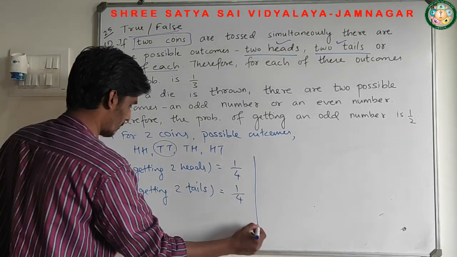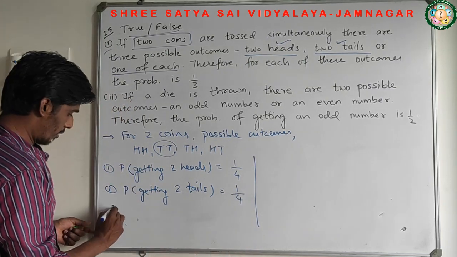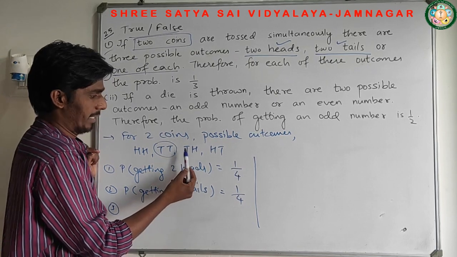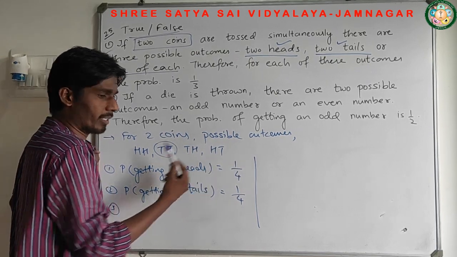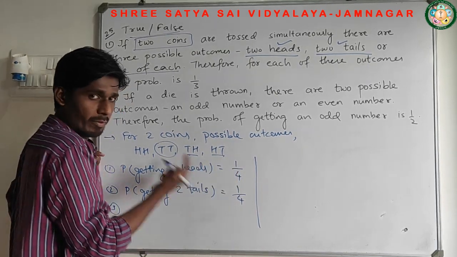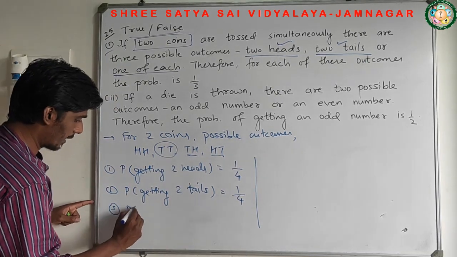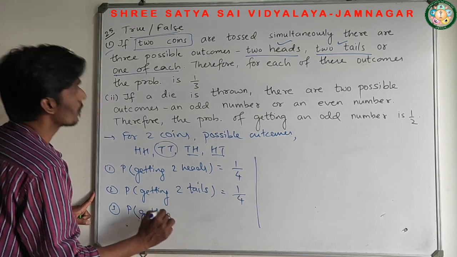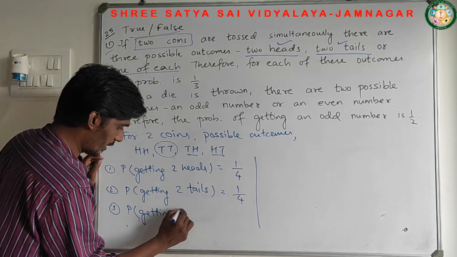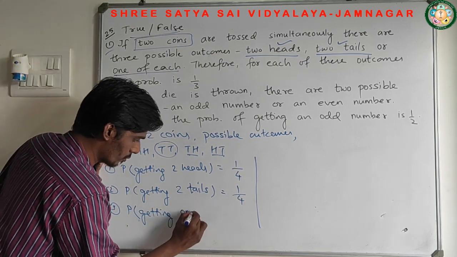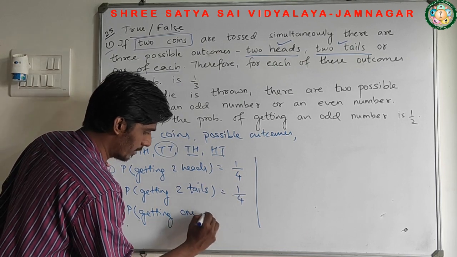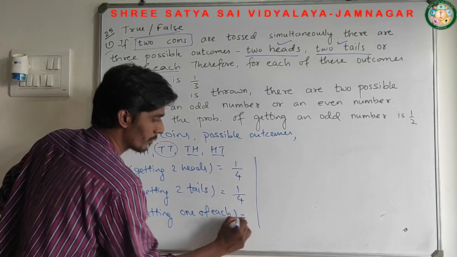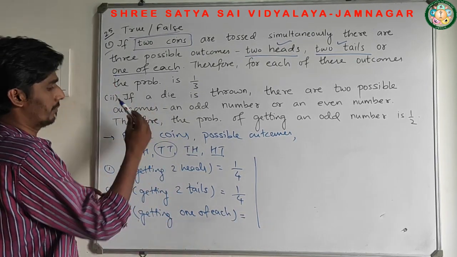And the last one, the third: one of each of them. One of each means one head and one tail, and one tail and one head. So both are there, having 1 each. So getting one head and one tail, what is the favorable outcome?